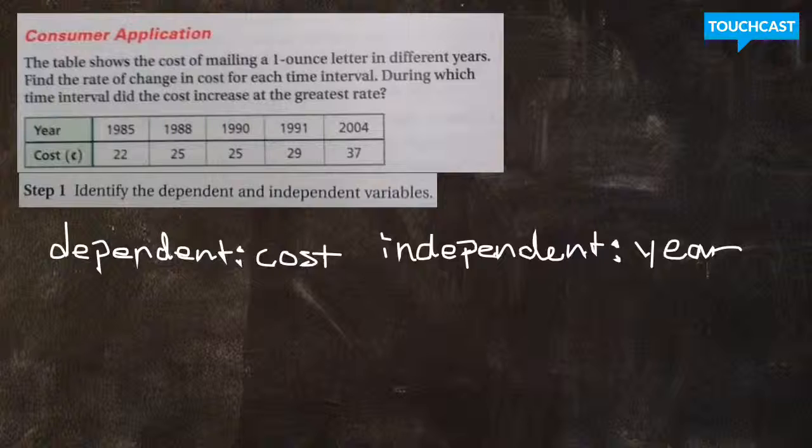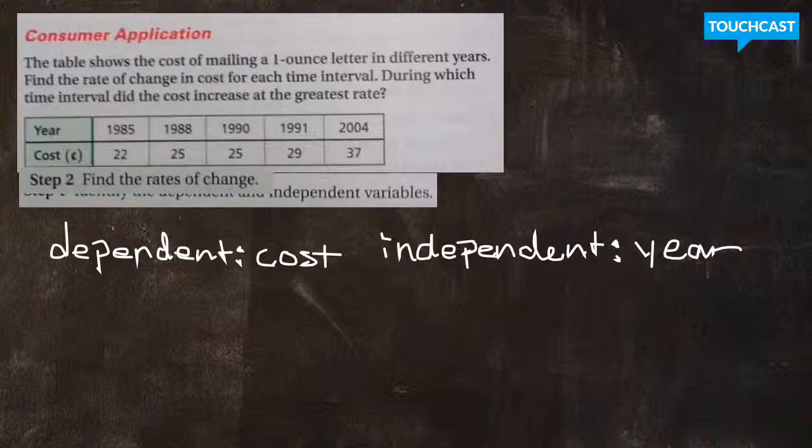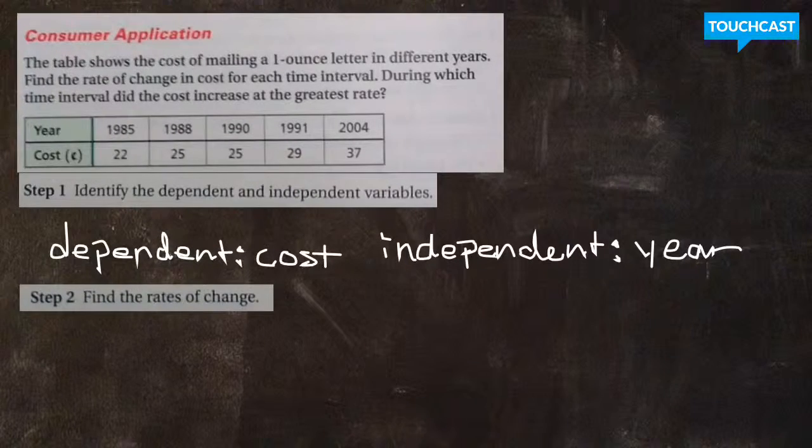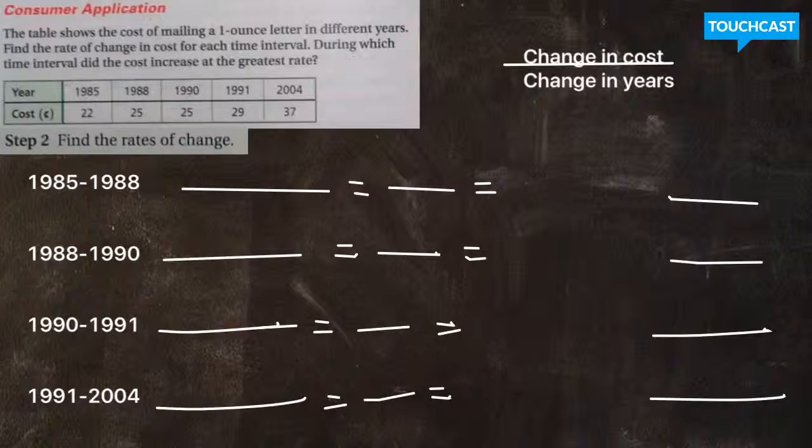Now that we've done that, we can move on to step 2, which is finding the rates of change. To do this, we're going to take the change in costs from 1985 to 1988, which means we'll take the 1988 value first, 25, take away 22, and we're going to put that over the difference in years, 1988 take away 1985.